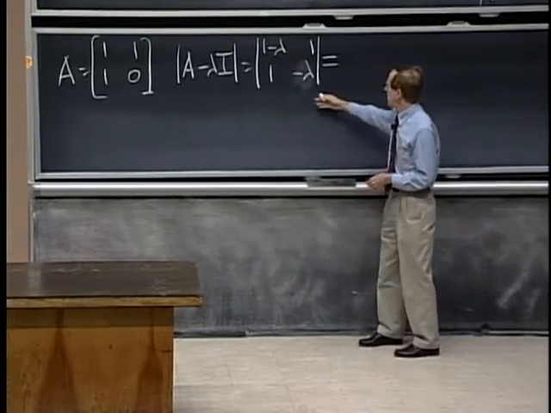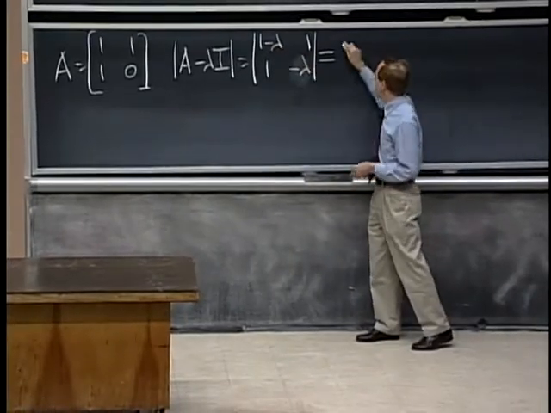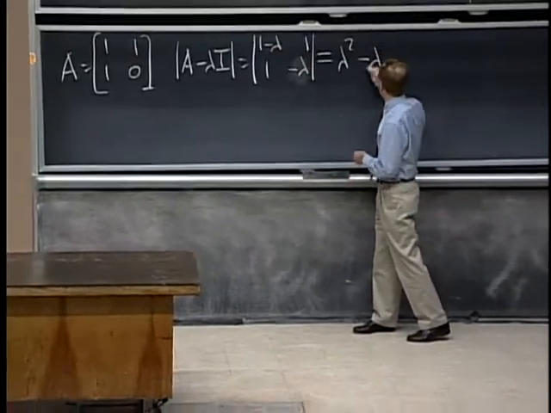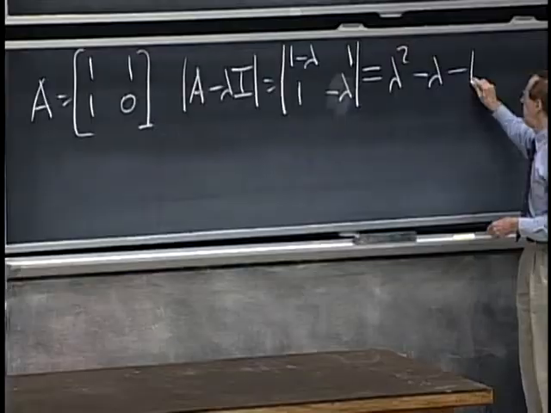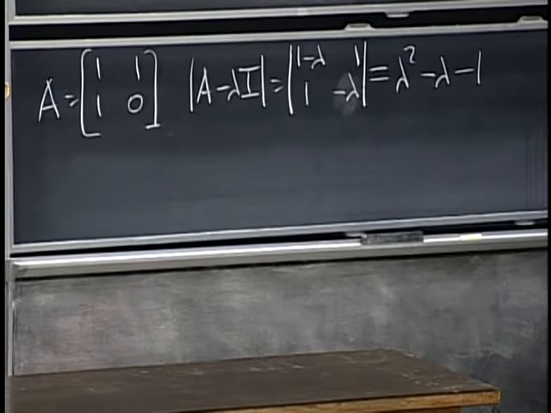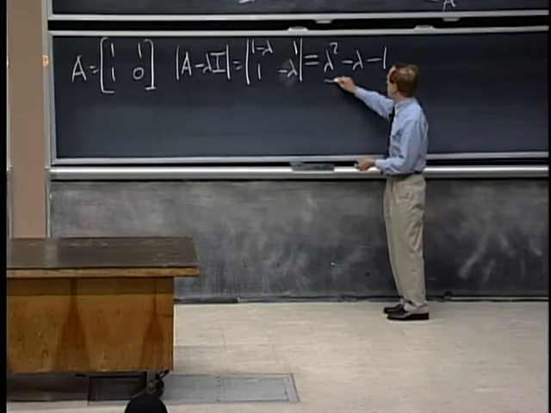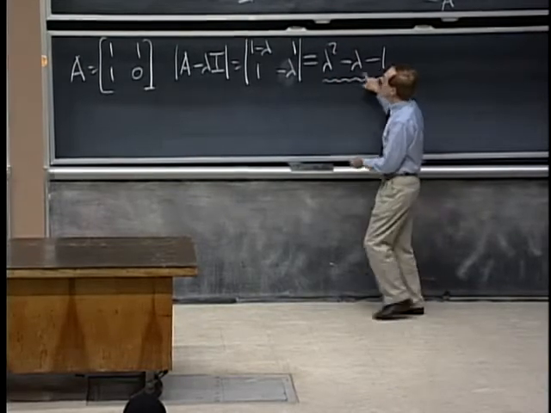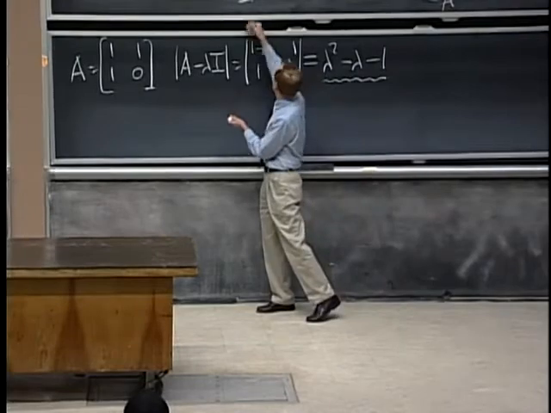If I multiply this out, I get, that times that will be lambda squared minus lambda minus 1. Good. Lambda squared minus lambda minus 1. Actually, you see, compare that with the original equation that I started with.